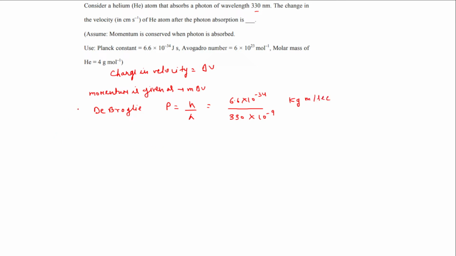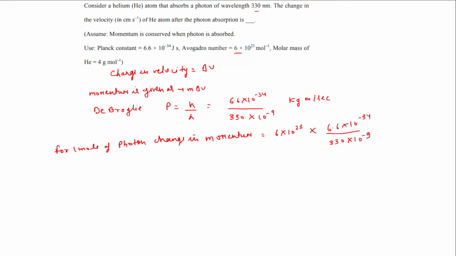Now for 1 mole of photon, the change in momentum is equal to this quantity multiplied with the Avogadro number, that is 6 multiplied by 10 to the power 23 into 6.6 multiplied by 10 to the power minus 34 upon 330 into 10 to the power minus 9.